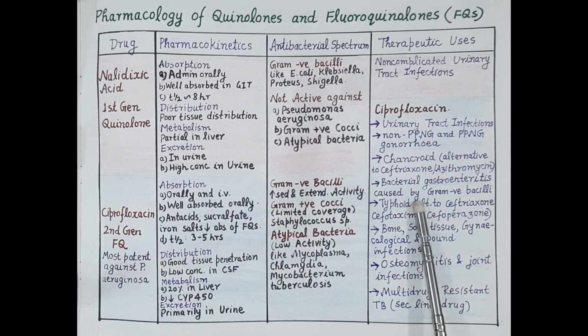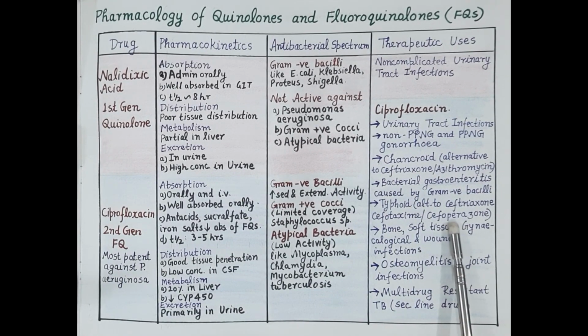Then ciprofloxacin is very effective in the treatment of bacterial gastroenteritis caused by susceptible gram-negative bacilli. It can be used as an alternative to cephalosporins like ceftriaxone, cefotaxime, cefoperazone in the treatment of typhoid fever.